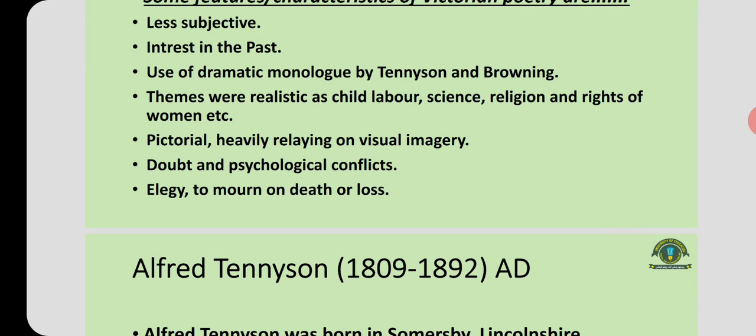So Victorian poetry was very much concerned with psychological conflicts between the protagonist and antagonist, the conflicts of different characters presented in that poetical work, and also the psychological conflict within an individual between his thoughts and his actions, between what he is going to do and what he is not going to do, and between haves and have-nots.